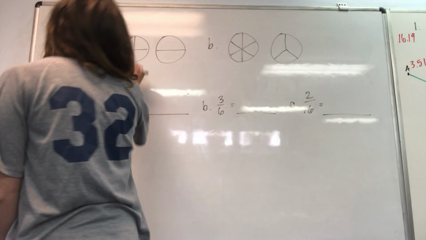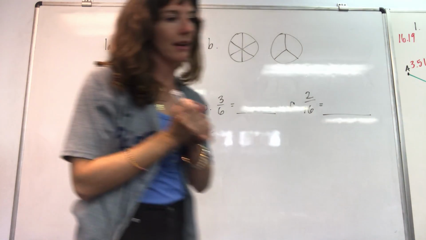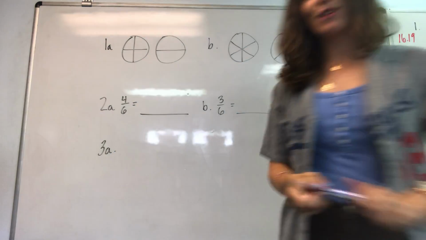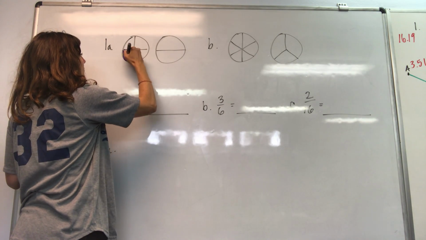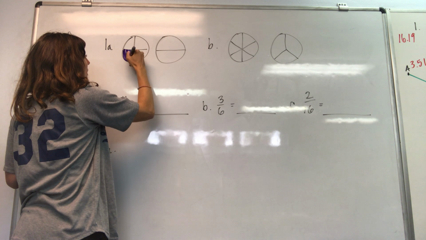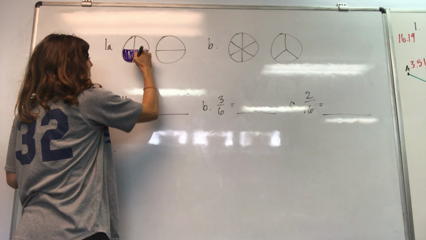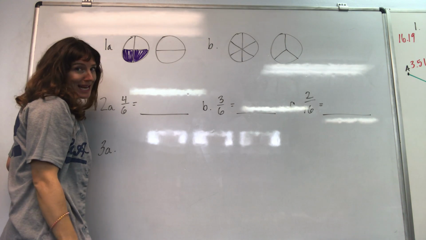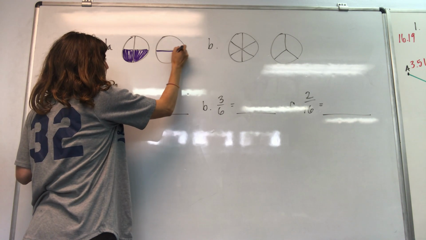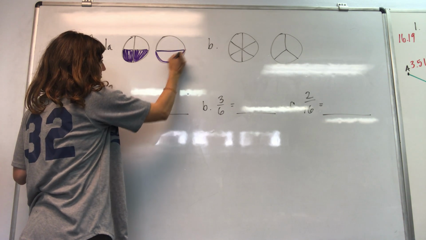All right, so the first fraction has, oh, it's purple, right? Okay, the first fraction has this much colored in, this part and this part. Okay, and then the next fraction has this much colored in.